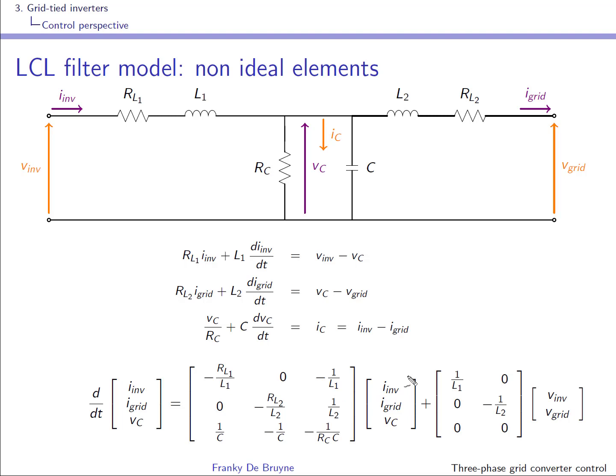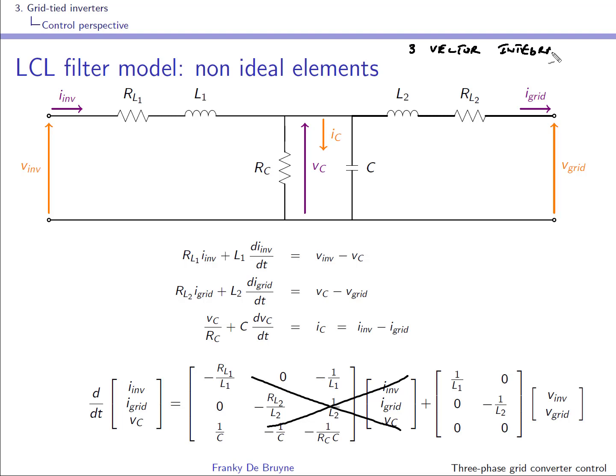Very soon you'll have to implement this LCL filter with non-ideal elements, and I advise you not to work with the state space description, but to work as you have done previously with a number of integrators that you put on your Simulink scheme, and to start from the differential equations to construct your model. And the advantage is that you'll be able to construct a model for the three phases at the same time by using three vector integrators.